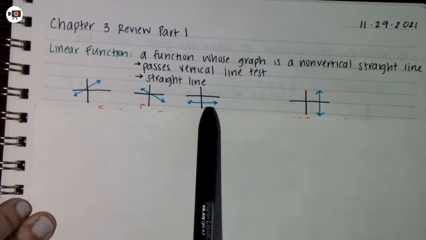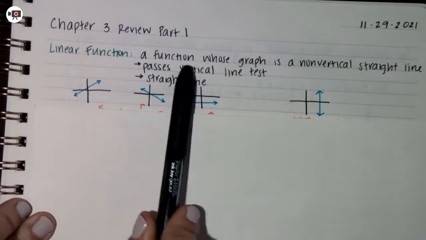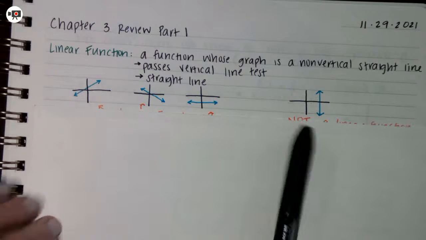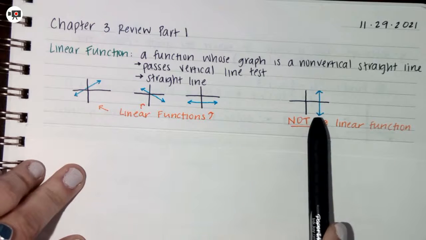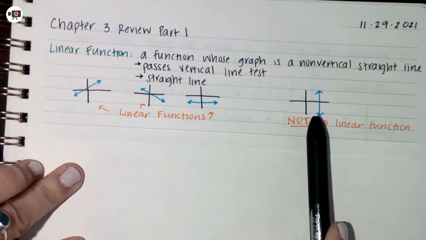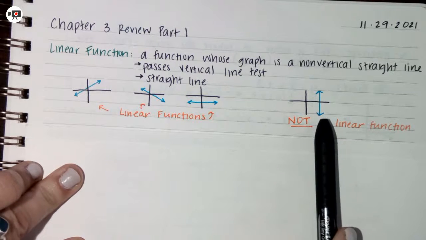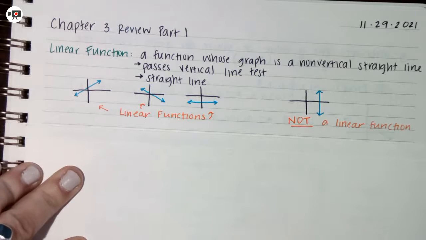It is still a linear function with a slope of 0 because it passes the vertical line test. This last one, however, is not a linear function because it is a vertical line. Its slope is undefined, and if I draw a vertical line, all the points are the vertical line, so it does not cross just once.